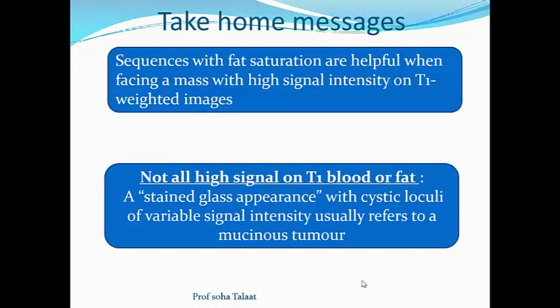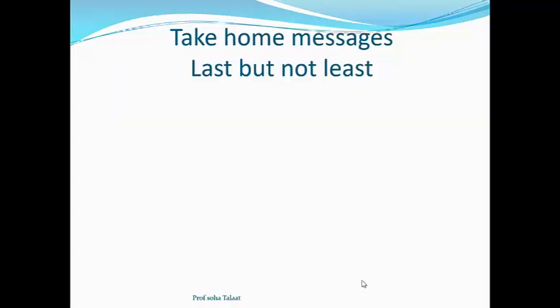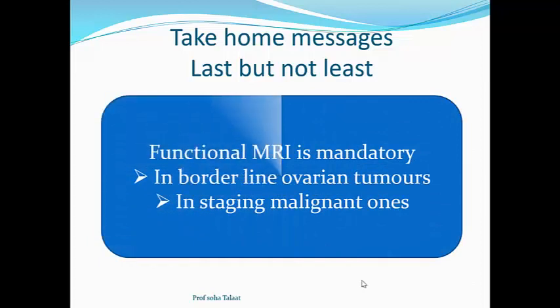Not all high signal on T1 is blood or fat. A stained glass appearance with cystic loculi of variable signal intensity may refer to a mucinous ovarian tumor. Last take home message, last but not least, functional MRI is mandatory in borderline ovarian tumors and in staging malignant ones.